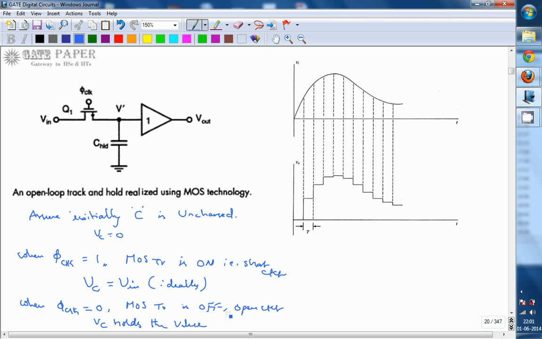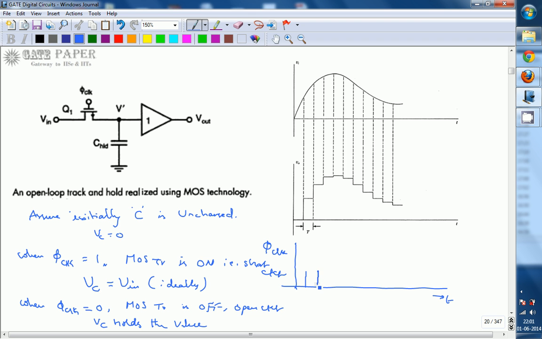These are the waveforms corresponding to the ideal sample and hold circuit. Ideally the clock pulse is generated in this way. This is time and this is phi clock, and an impulse will be generated after every T seconds.